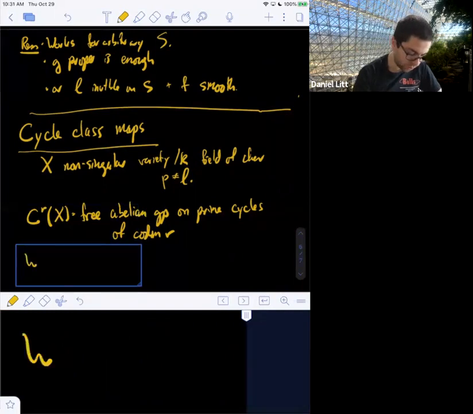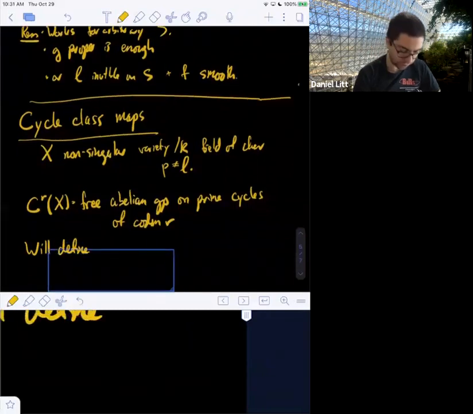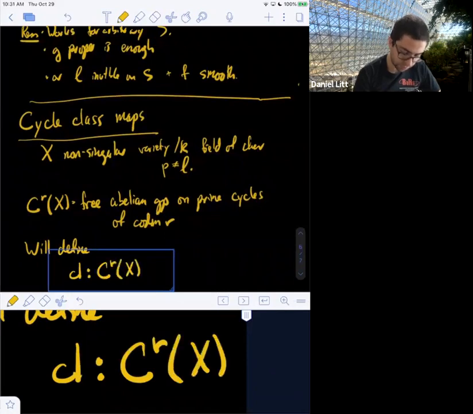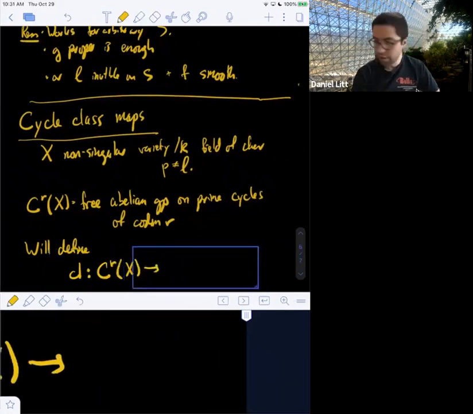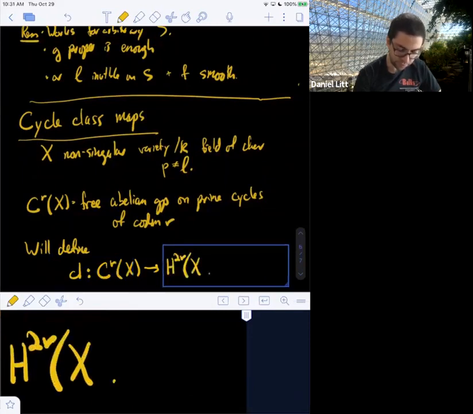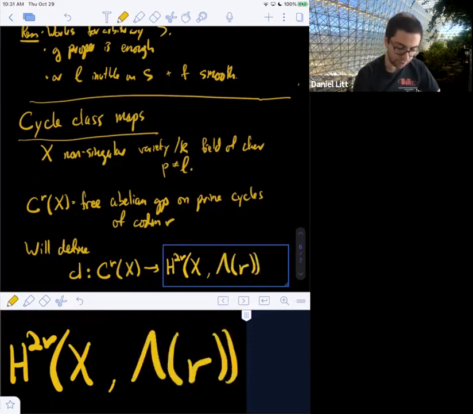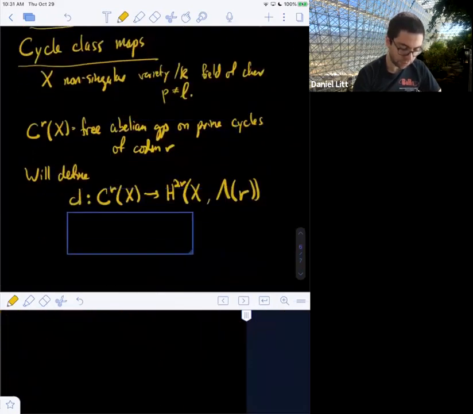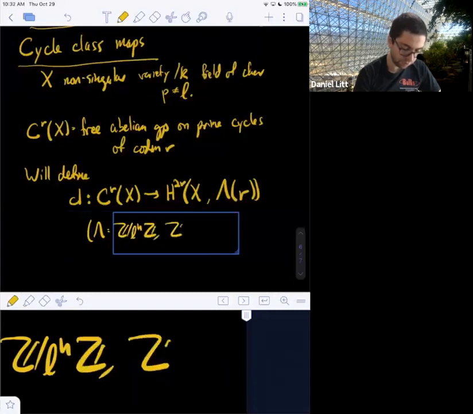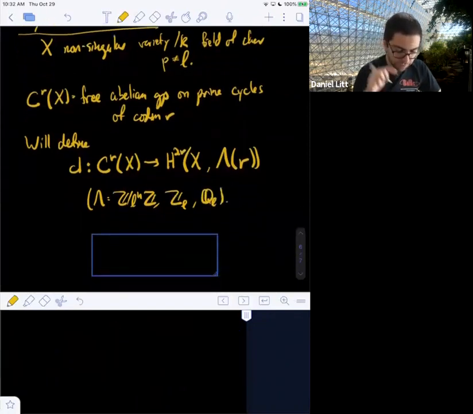Our goal will be to define a cycle class map, which we'll call cl, from C^r(X) to H^{2r}(X, Λ(r)), twisted by r, where Λ is going to be either Z/l^n Z, Z_l, or Q_l.